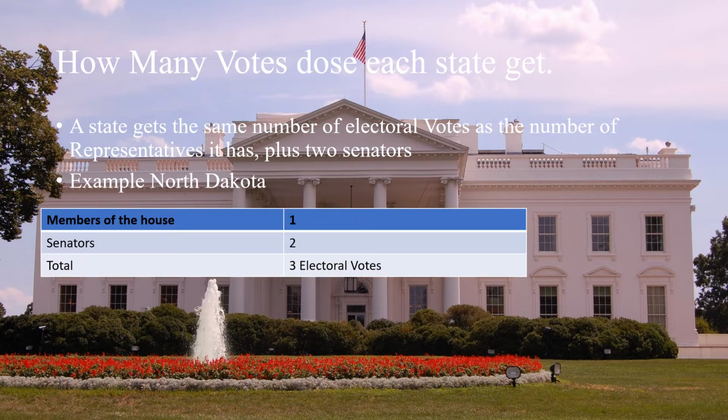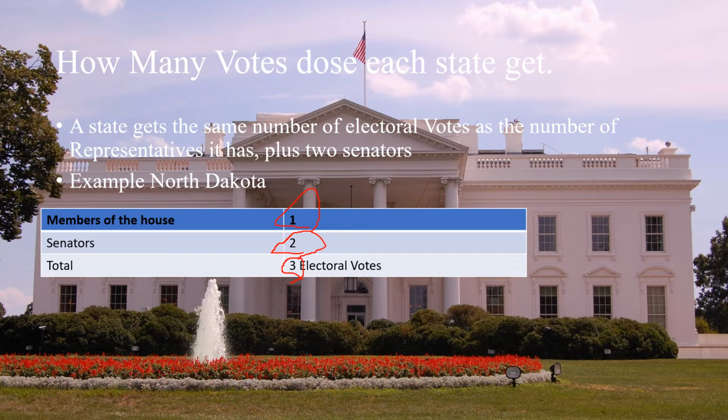So, like in North Dakota, they have 1 representative and 2 senators, so they have a total of 3 electoral votes.